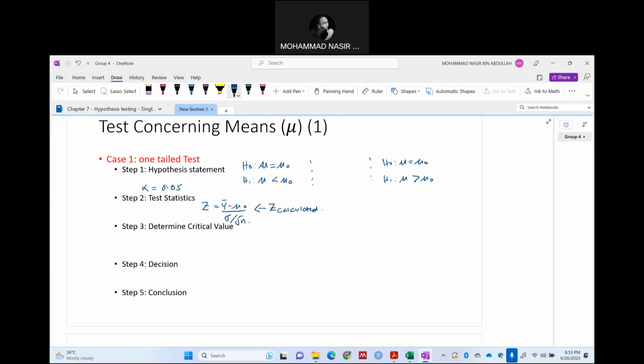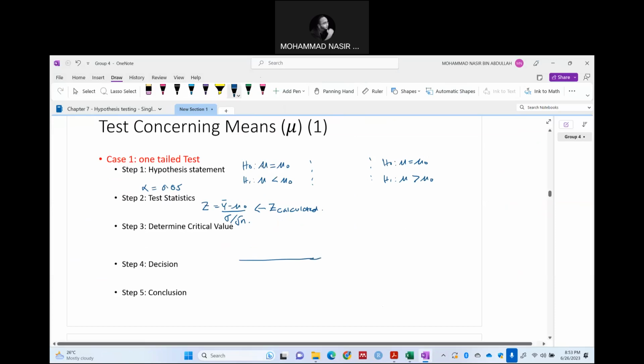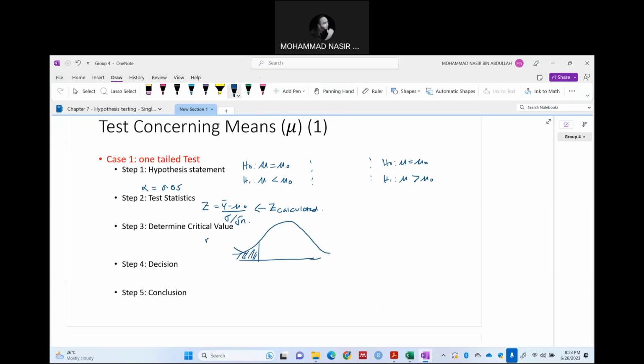And we need to determine the critical value. For the first one, it's on the left hand side. This is the rejection area, and this is the acceptance area.